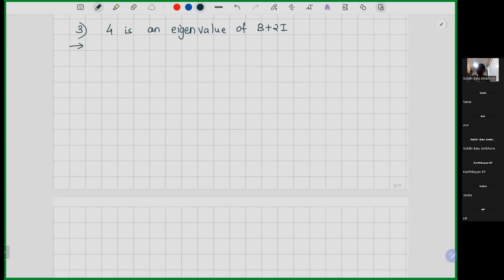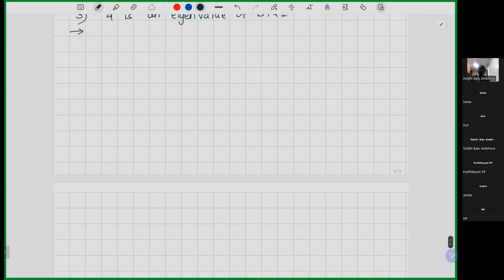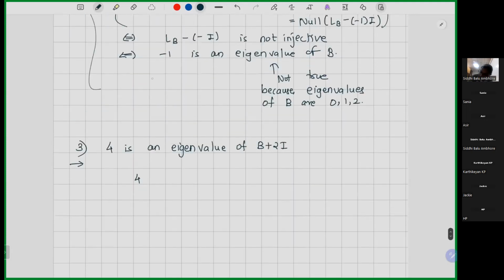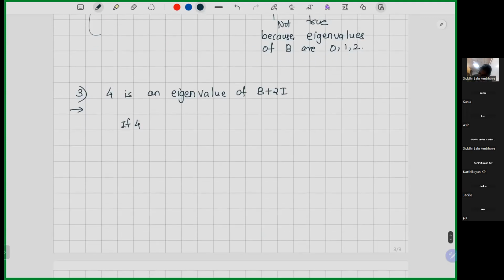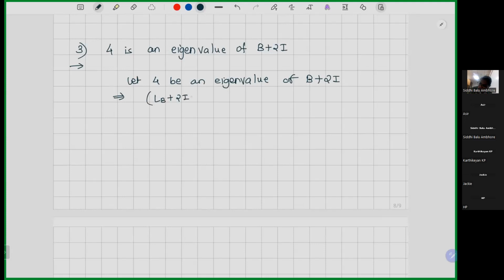Okay, sir. And I will again use the above statement that lambda is an eigenvalue if and only if. So note that if 4... It is also true, yes, it is true. Okay. So let 4 be an eigenvalue of B plus 2I. So this implies what? That L_B plus 2I minus 4I is not injective, right?